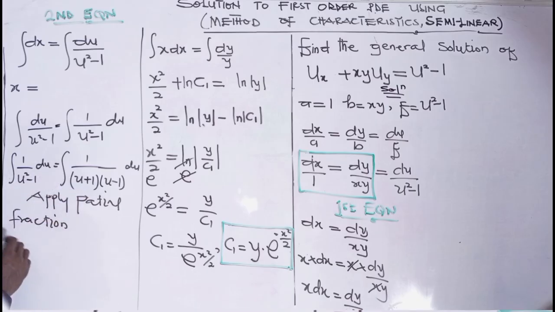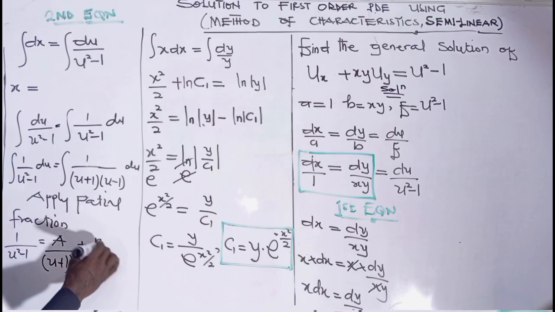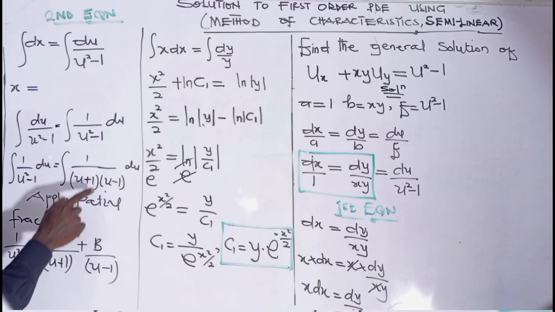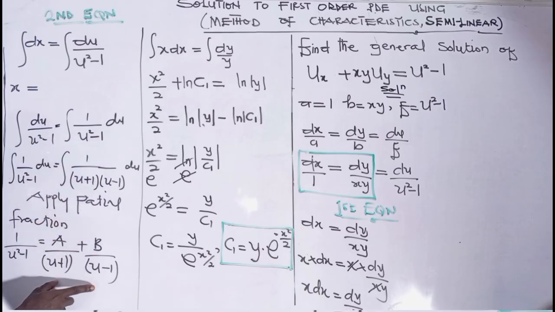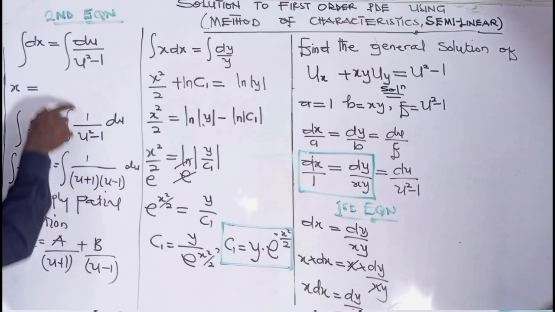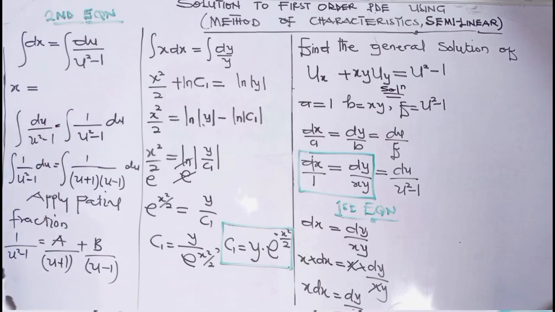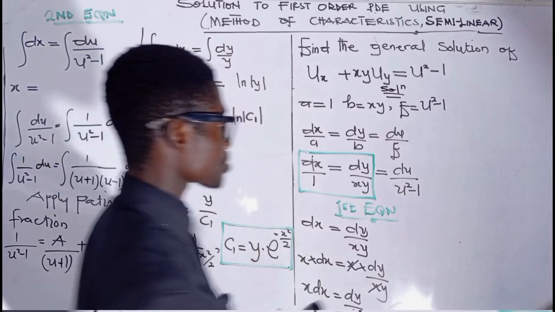We can write this as 1 all over u squared minus 1 is the same as a all over u plus 1, then we have plus b all over u minus 1. That is applying the partial fraction to help us solve it. Now we want to integrate this. That is why we are going through this process. Now once we find the integral of this, we are just going to add it to this particular place, and then we proceed. So let's continue from this side.